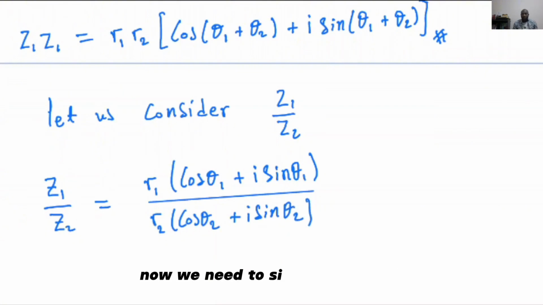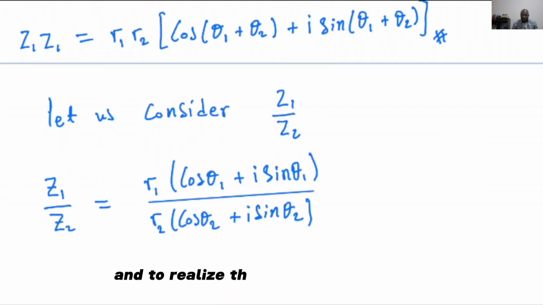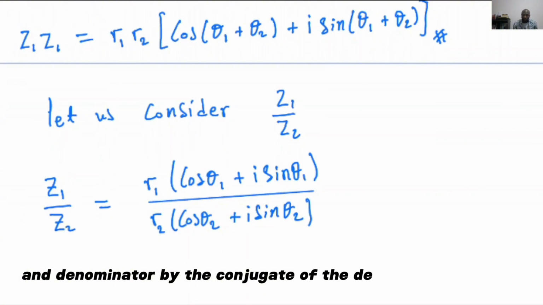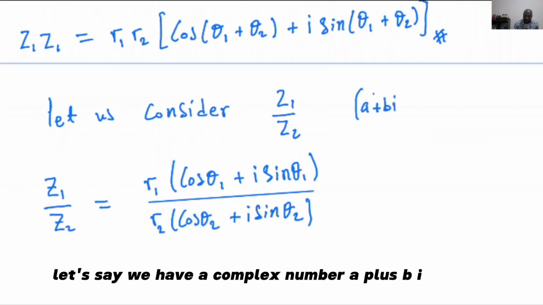Now we need to simplify this by realizing the denominator. And to realize the denominator, we need to multiply the numerator and denominator by the conjugate of the denominator. And remember how to multiply a complex number by its conjugate easily. Let's say we have a complex number a plus bi.